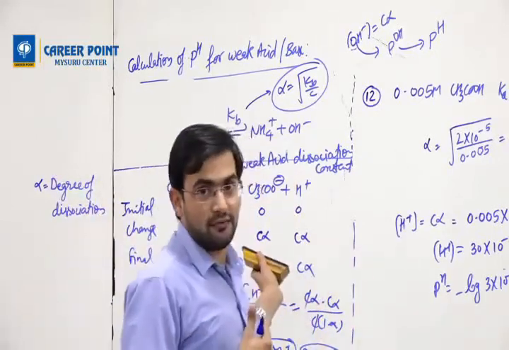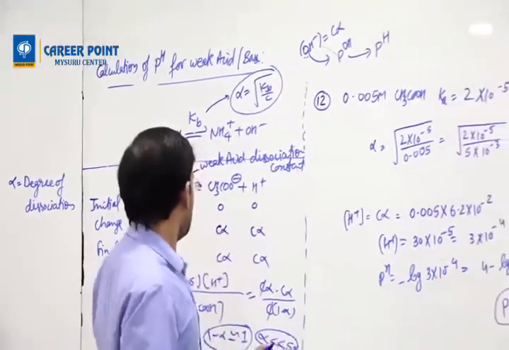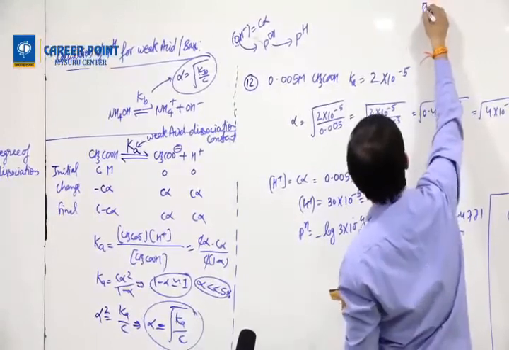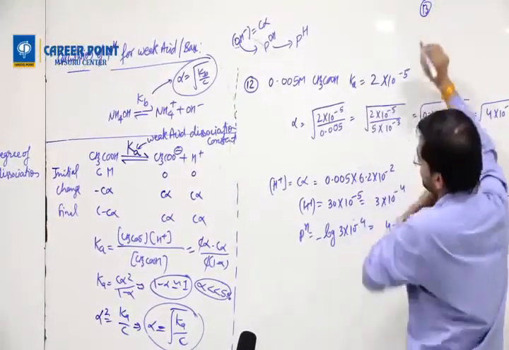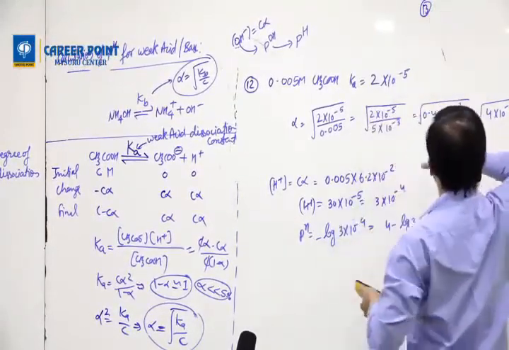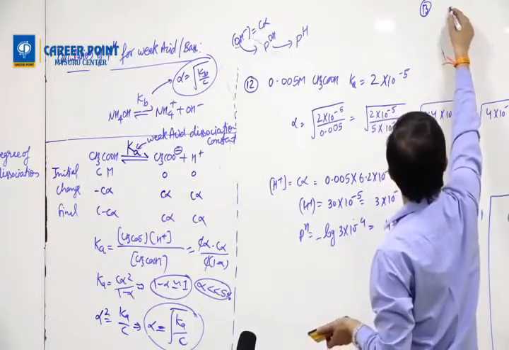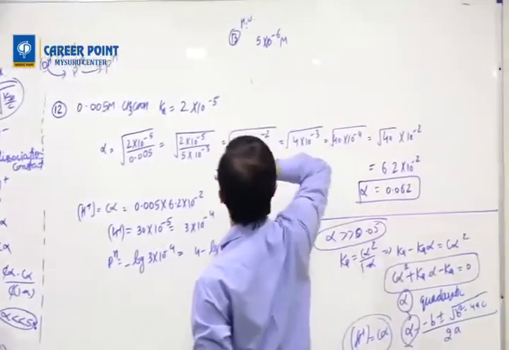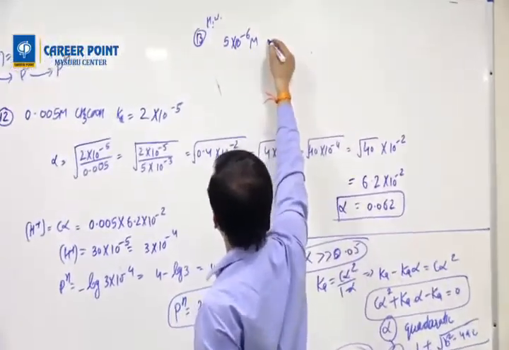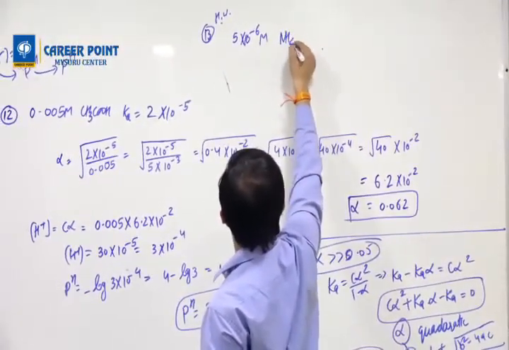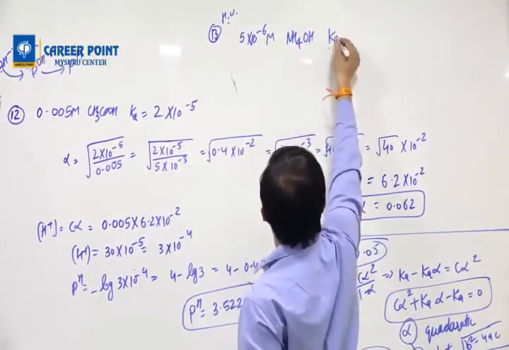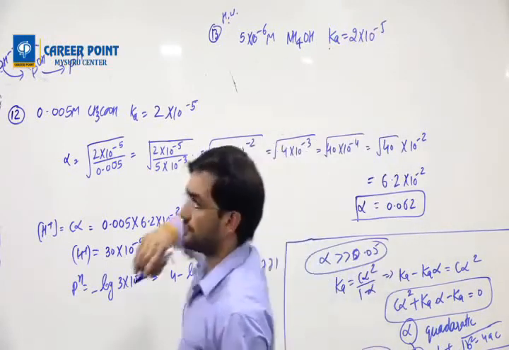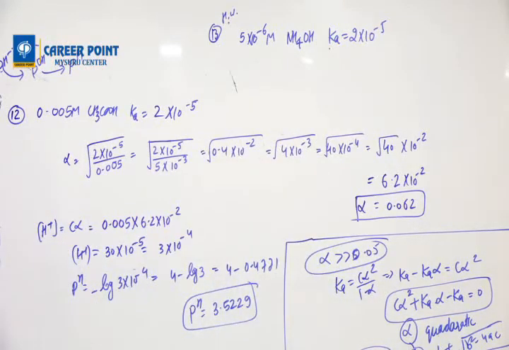One question I already gave for homework, right? This is the next homework. This is the 12th question, the 13th question is your homework. And that question was like this: 5 into 10 power minus 6 molar concentration of NH4OH with Kb equals 2 into 10 power minus 5. Understood the concept?